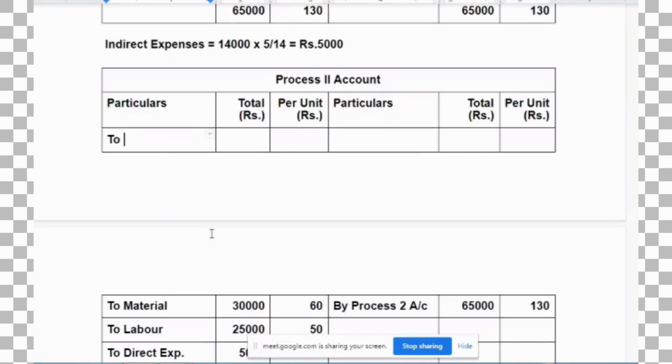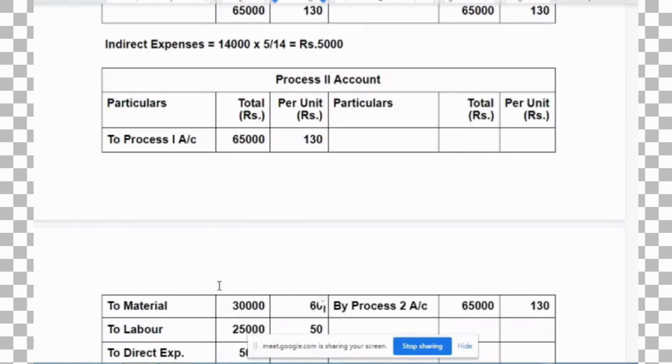To process 1 account. Process 1 માંથી માલ અહીંયા આવશે and that is 65,000 at rupees 130. 130 રૂપિયાના ભાવનો માલ અહીંયા આવી જશે.